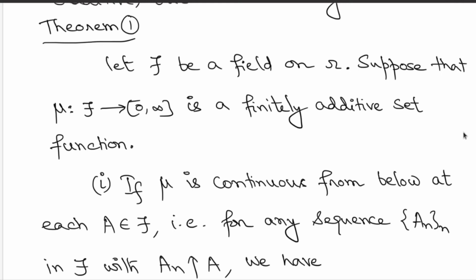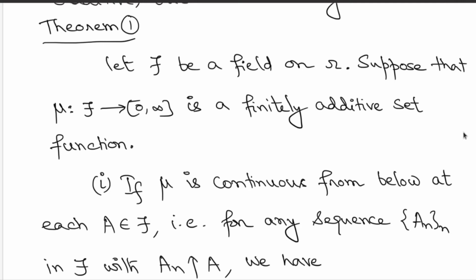So this is some additional condition, together with finite additivity, which will help us prove countable additivity. On its own, finite additivity does not imply countable additivity, but an appropriate sufficient condition in terms of some continuity assumptions will help us show that it's also countably additive.